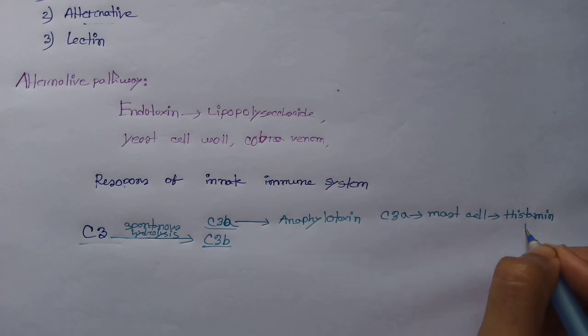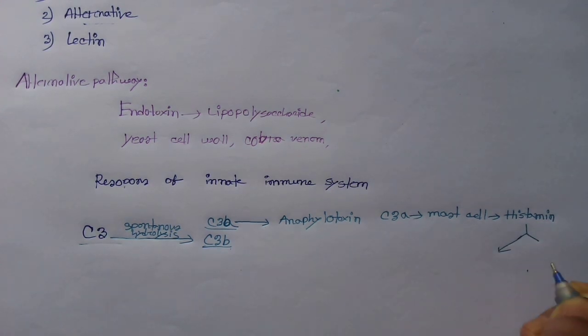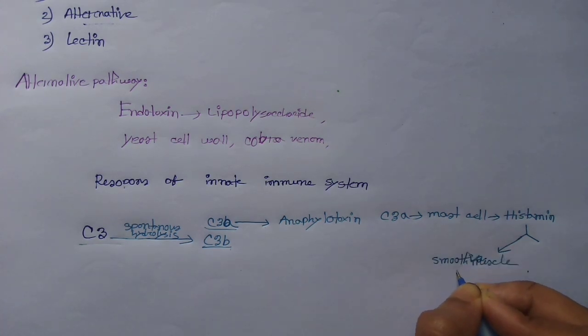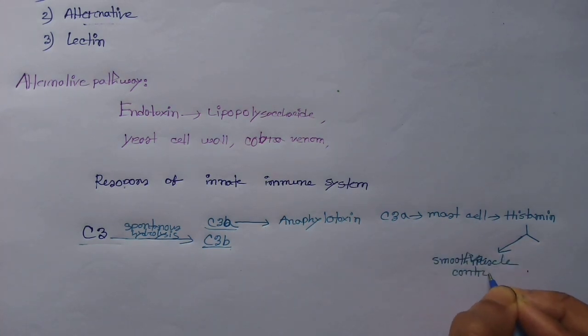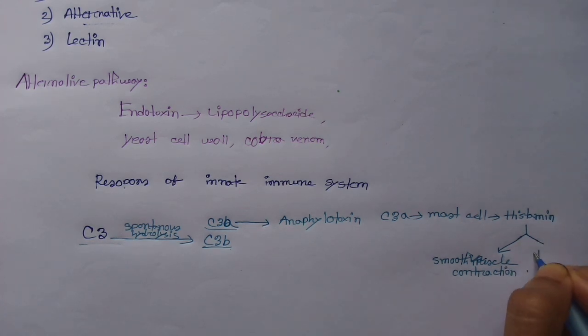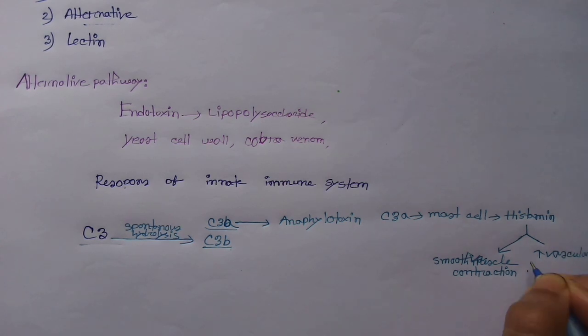Histamine causes smooth muscle contraction and increases vascular permeability, and these are the main causes of inflammation.